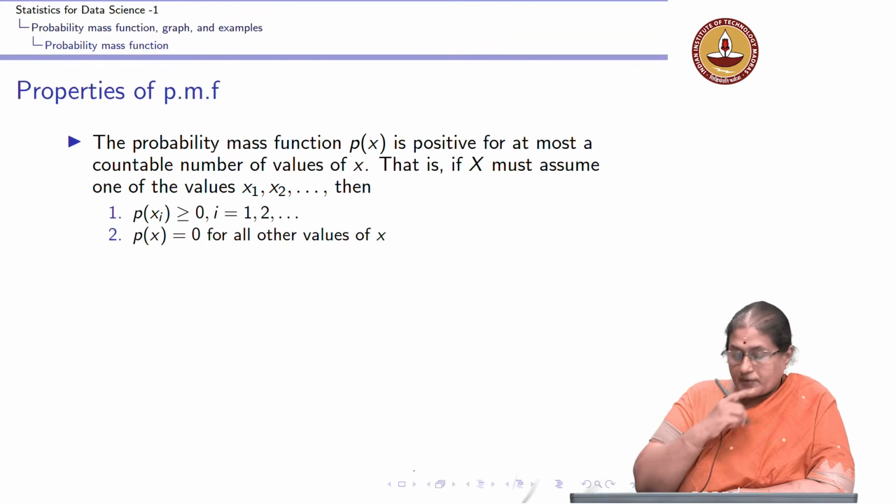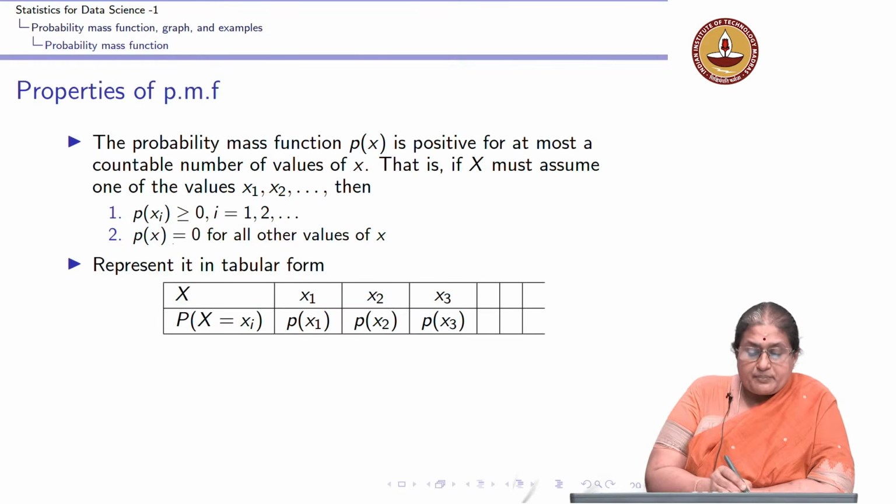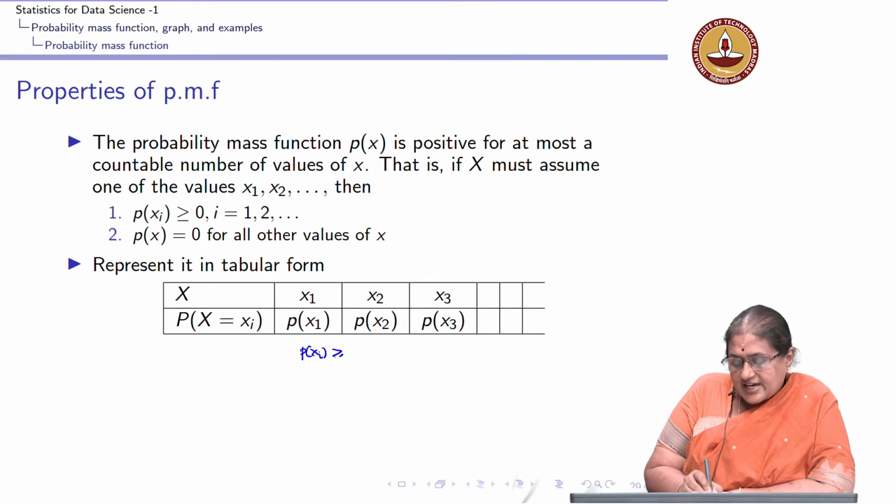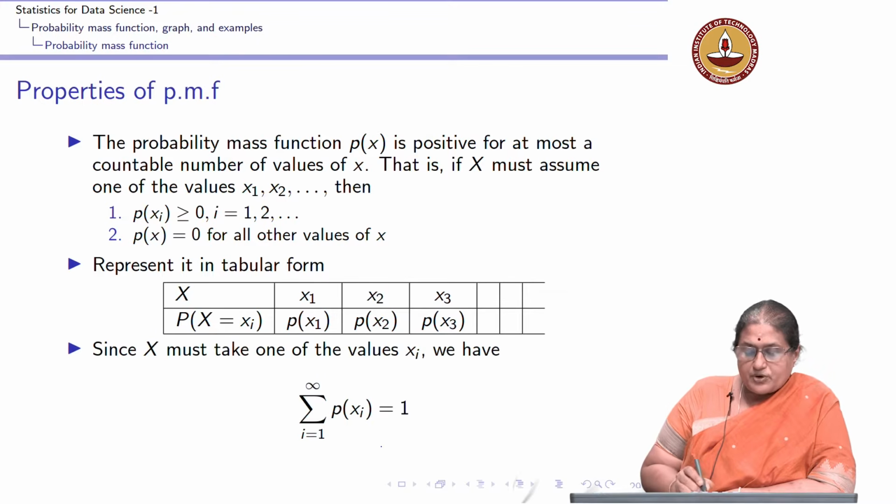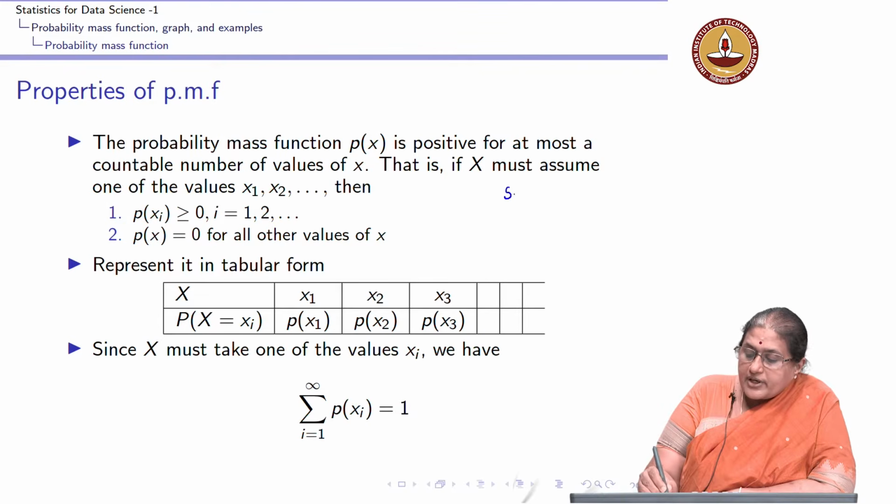And the second property is that the sum of the probabilities over all values of X is 1. So, in tabular form, P(xi) is greater than or equal to 0 for all i, and the next property follows since every point in my sample space, for example, if my sample space in the apartment complex was 1 up to 12, is mapped to a value of the random variable.